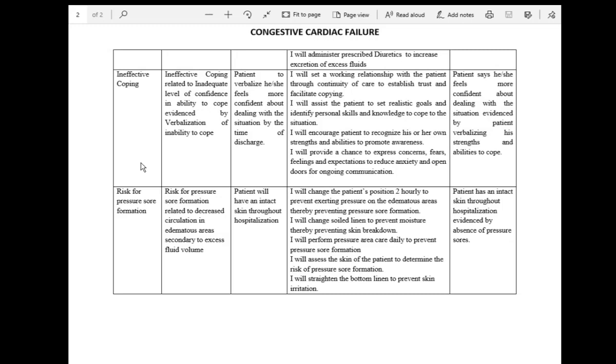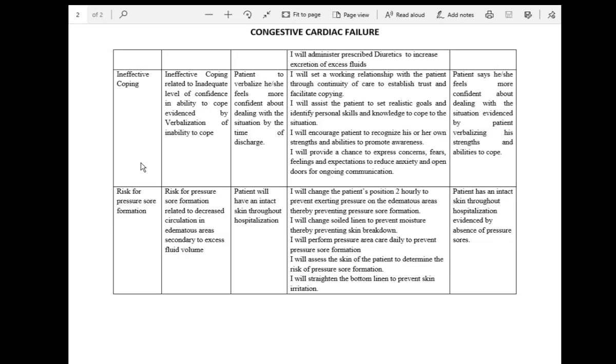So the nursing diagnosis of this problem is ineffective coping related to inadequate level of confidence in ability to cope, evidenced by verbalization of inability to cope.